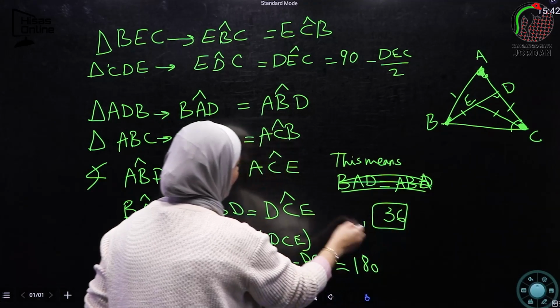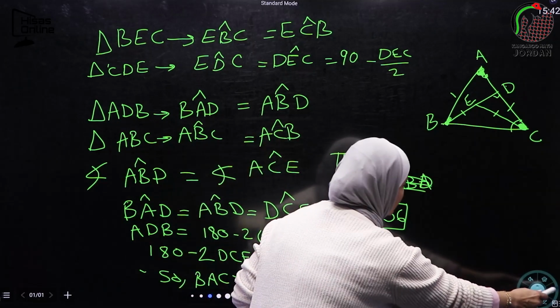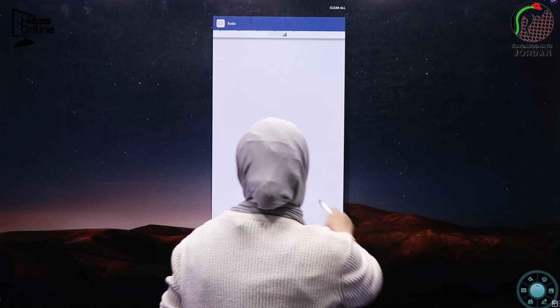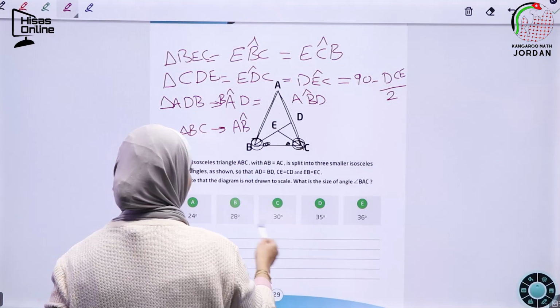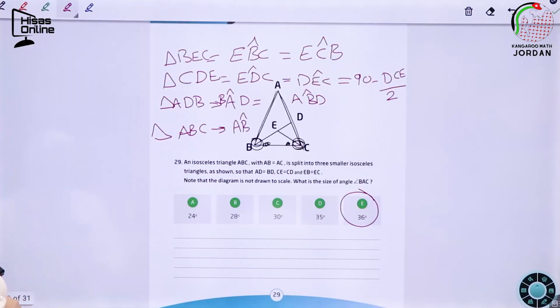So each angle of this is 36. So my answer is 36. So the correct answer is 36. Let's see the last equation.